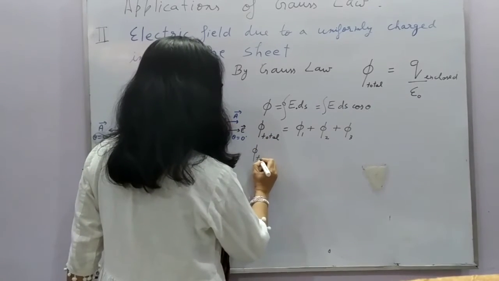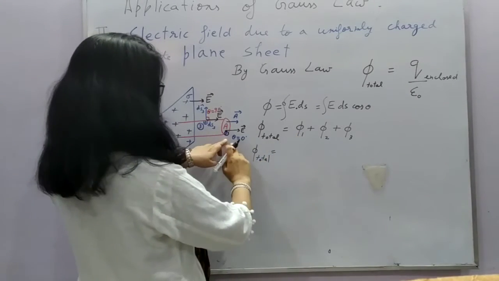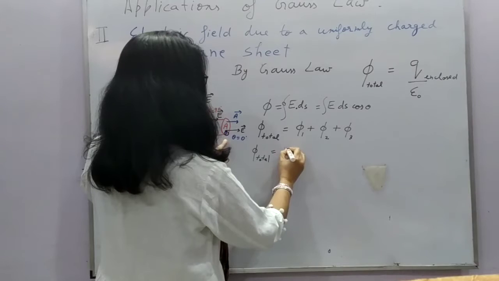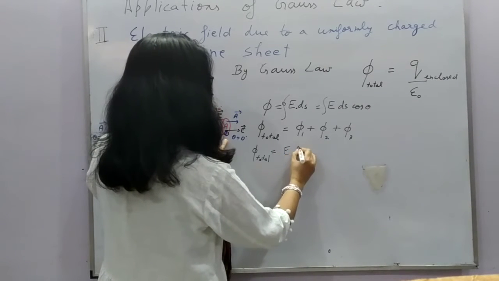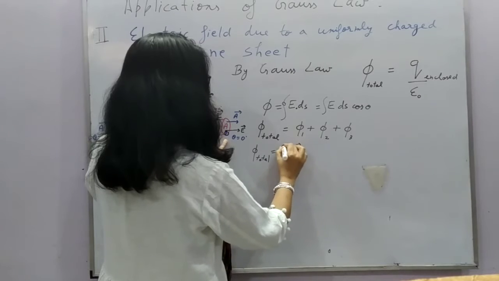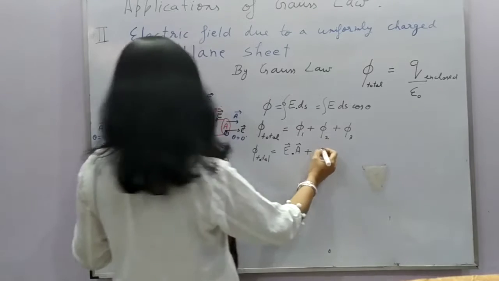So phi total is equal to, first surface is this one. So this is E dot A, right? Plus second surface.